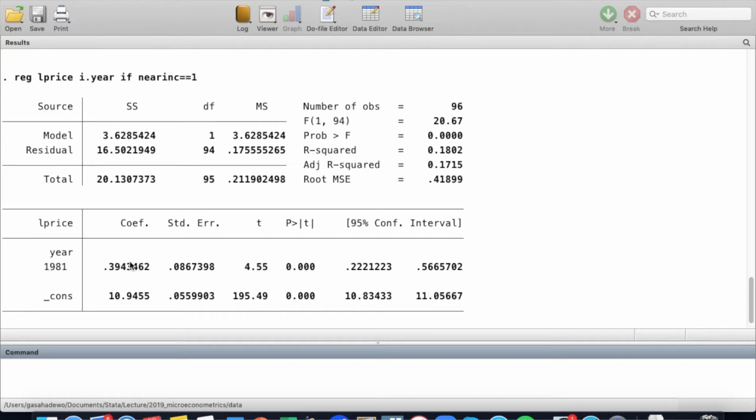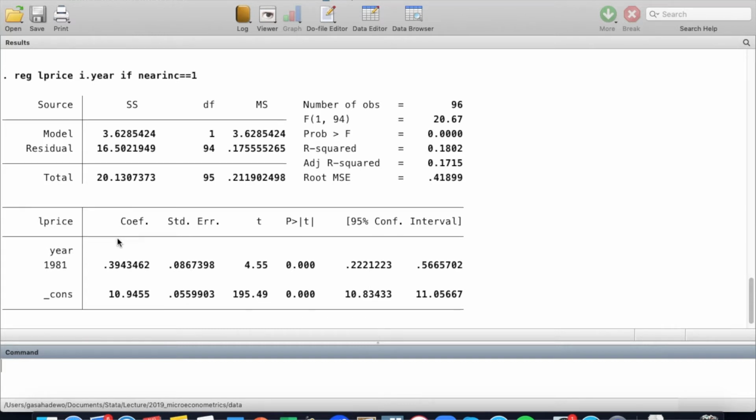It could be the macroeconomic conditions. People have higher purchasing power, so there's going to be a higher demand for houses in the area, both far away from the incinerator and near the incinerator. Demand for houses increases, and that drives up prices. So we cannot really attribute the 39% difference to the impact of the incinerator.